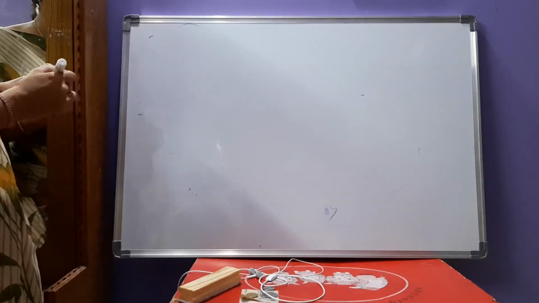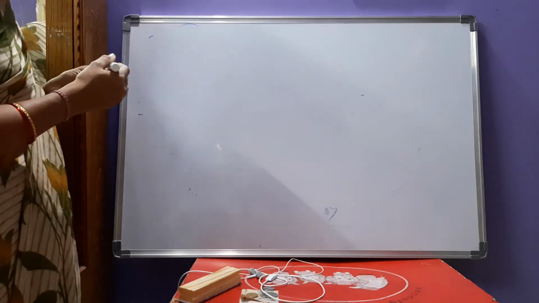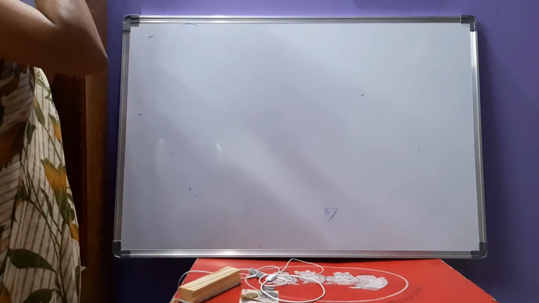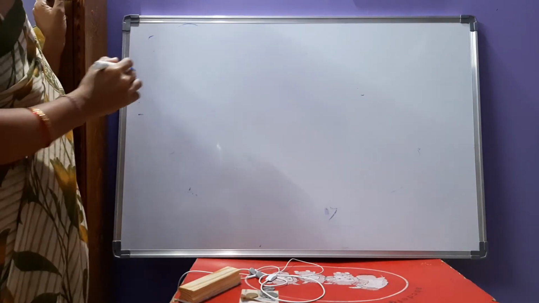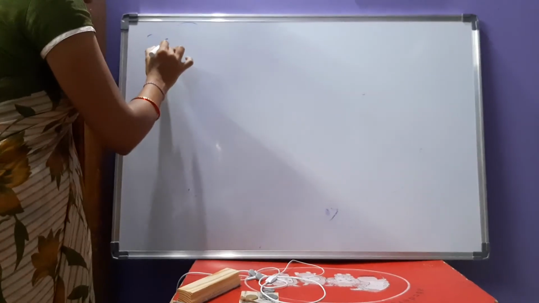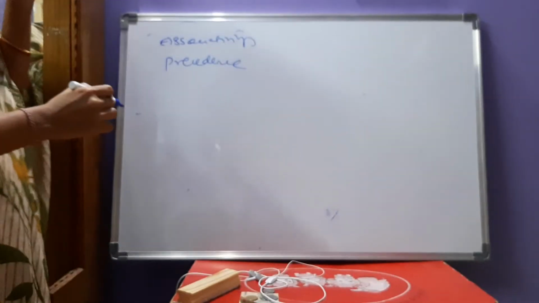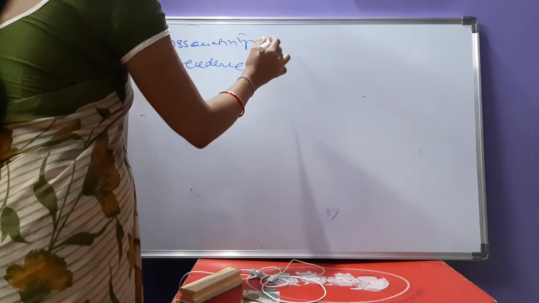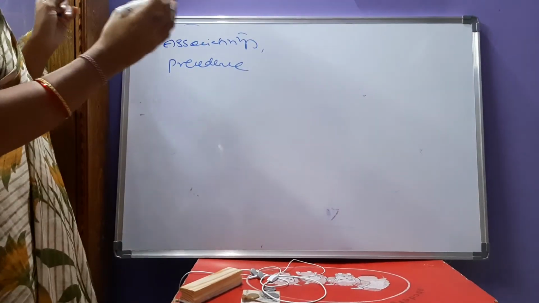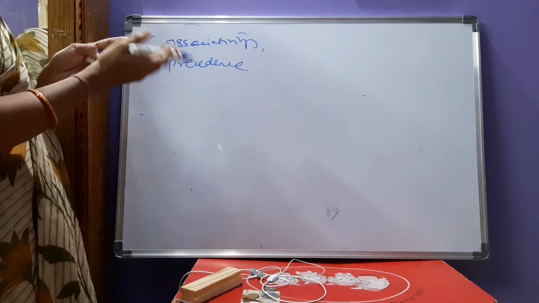Next we can discuss different programs on this ternary operator. At the same time, before that we can discuss associativity and precedence. Associativity means that sometimes operator evaluation starts from right to left or left to right.